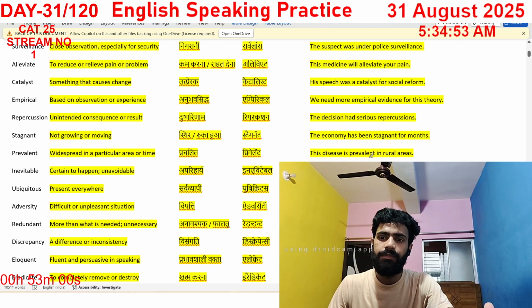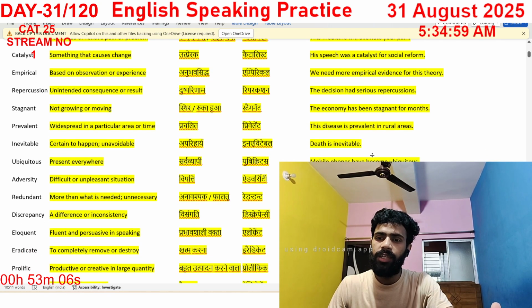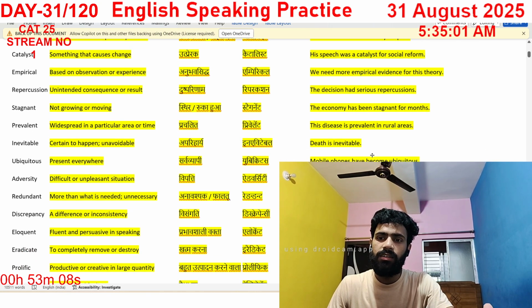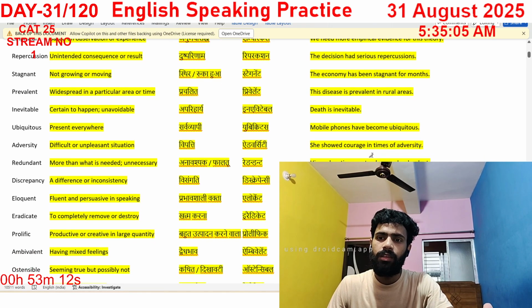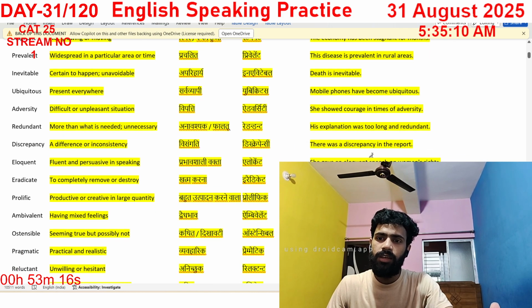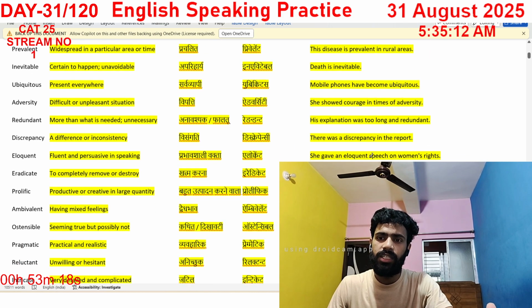Prevalent means something that is widespread in a particular area or time. Inevitable, we can't avoid, certain to happen. Ubiquitous, present everywhere. Adversity, unpleasant or difficult situations.